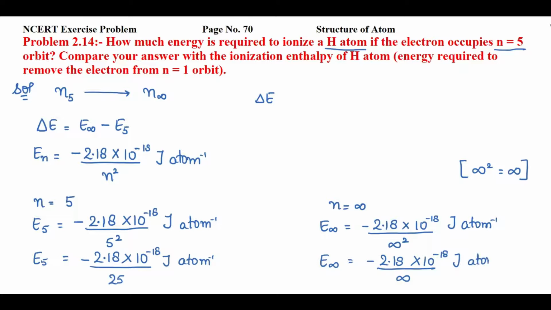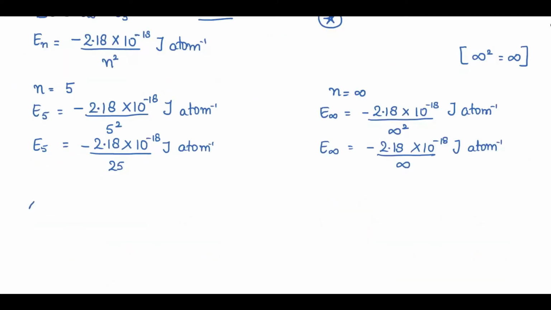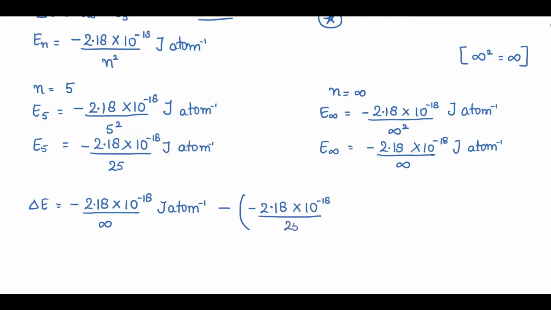Definitely we'll put the values of E infinity and E5 in this relation, right? Delta E equal to E infinity minus 2.18 into 10 raised to power minus 18 by infinity, right? Joule atom inverse minus, and now I'll consider this E5, minus 2.18 into 10 raised to power minus 18 by 25, right? So now if I am dividing something with infinity, it will be 0, right?